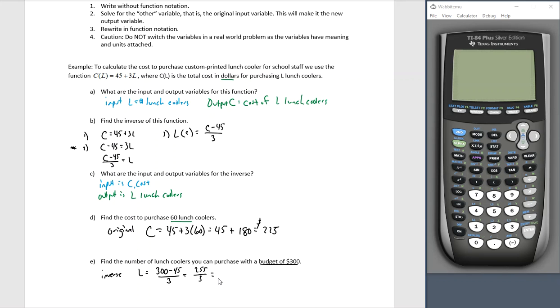We do have a calculator over here, but let's use a little bit of brain power. 3 goes into 24 8 times, with 1 remaining. Bring down that 1. 3 goes into 15 5 times. So we could buy 85 lunch coolers with a budget of $300.